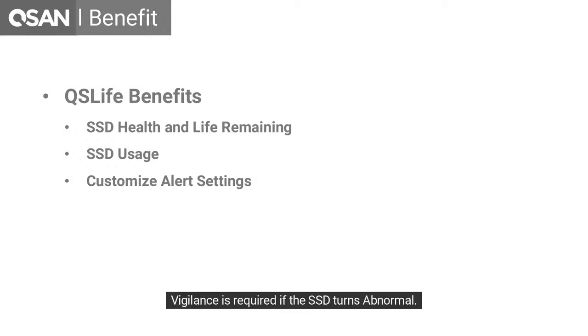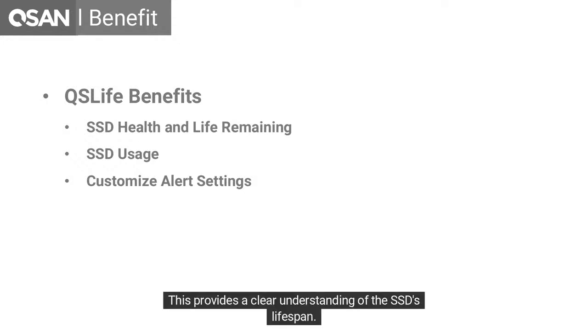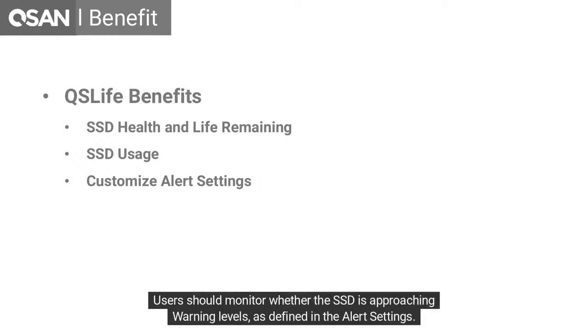Vigilance is required if the SSD turns abnormal. Life remaining indicates the remaining SSD life cycle as a percentage, ranging from 100% as new to 0%. This provides a clear understanding of the SSD's lifespan. Users should monitor whether the SSD is approaching warning levels, as defined in the alert settings.